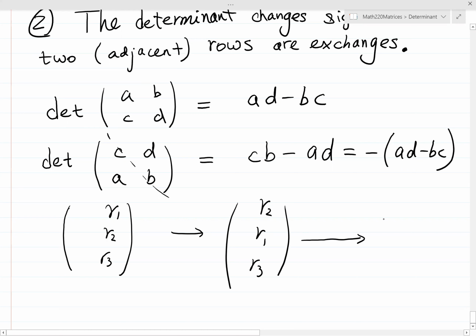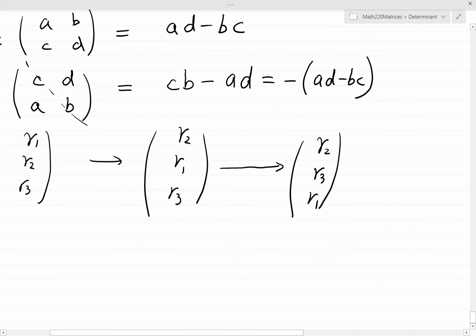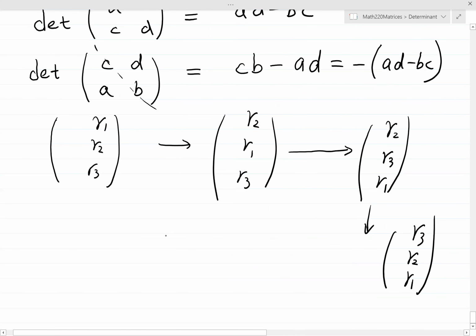Now we do another exchange: we exchange R1 with R3, so we get R2, R3, R1. Then we do it again, so we get R3, R2, R1. How many times did we use an exchange? Three times. So we multiply by -1 three times, so this differs by (-1) to the third power, which is again -1.